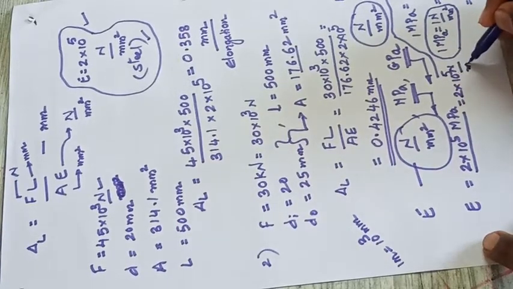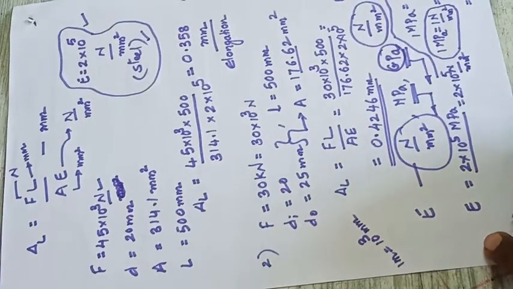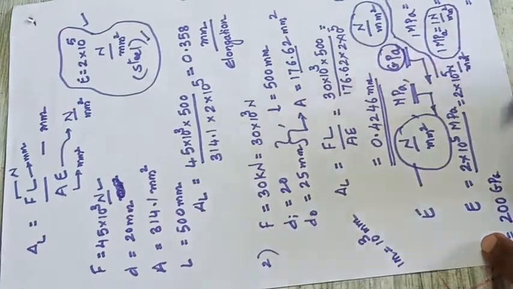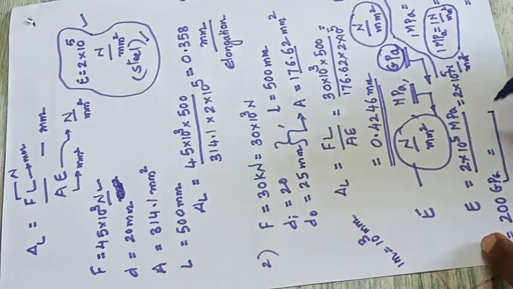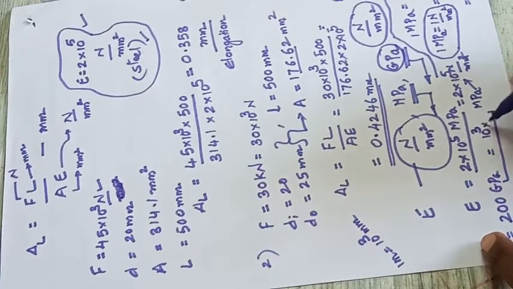If it is given like this, there is no change: 2 into 10 raised to 5 Newton per mm square. If it is given in terms of GPa, say Young's modulus is equal to 200 GPa, first convert this GPa into MPa, because 1 MPa is equal to 1 Newton per mm square. How to convert GPa into MPa? Just multiply by 10 raised to 3. So multiply that with 200.